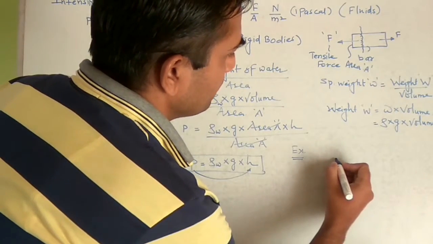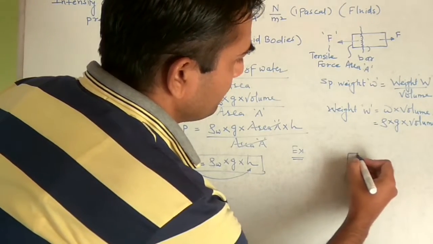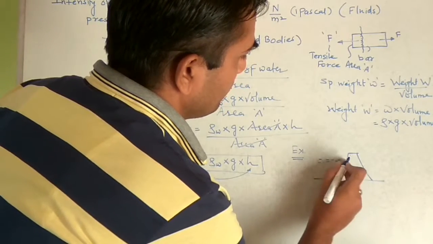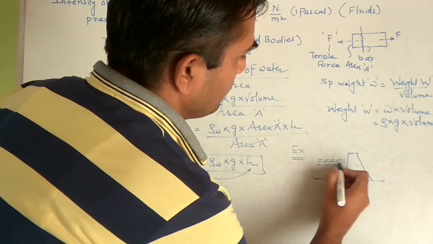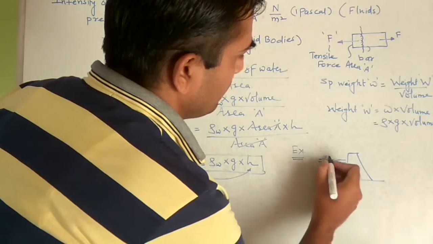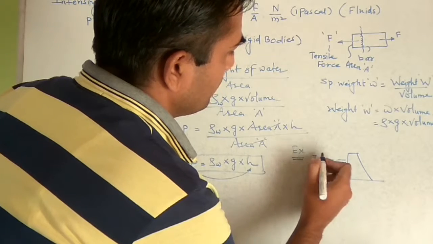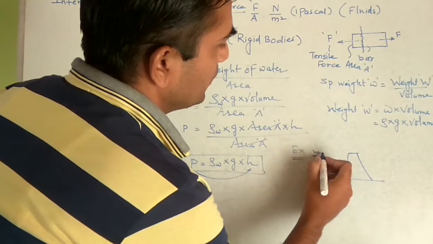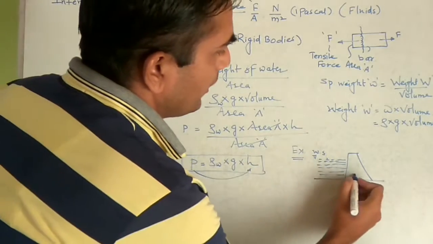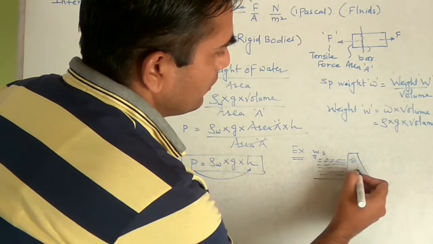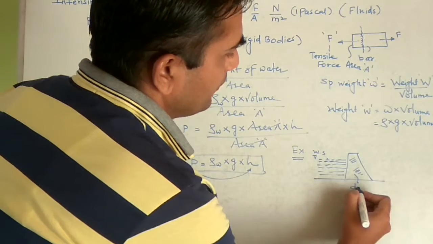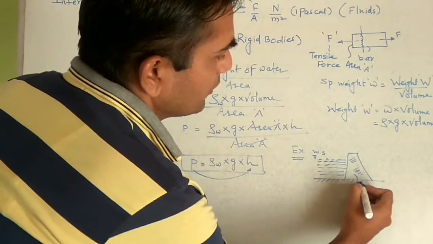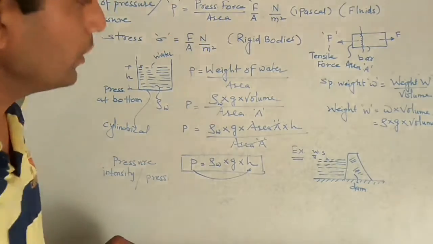Suppose this is water table, or we may say water surface, and this one is the dam, any dam suppose, and this is the ground level, bottom surface, hard strata.